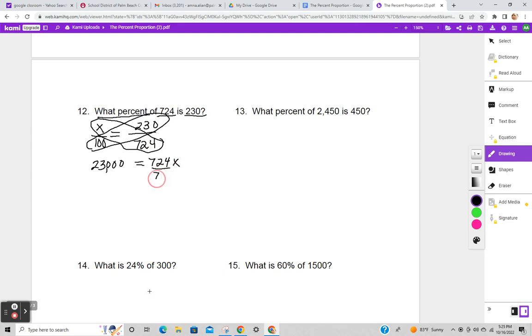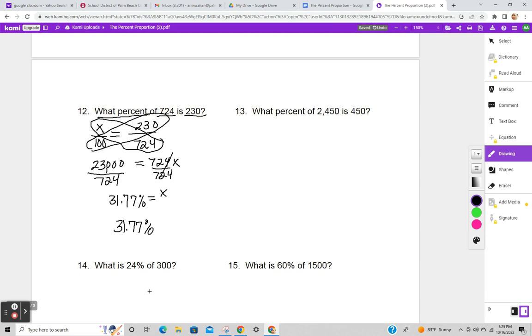Divide both sides by 724. And you're going to get x equals 31.77%. And I am rounding to the nearest hundredths. Okay, I'll write it over here, 31.77%. That's our answer.